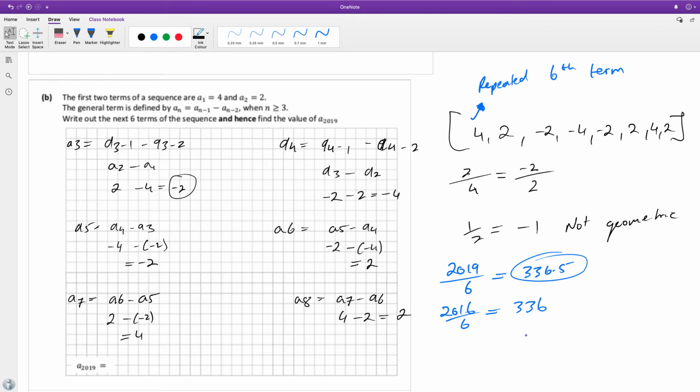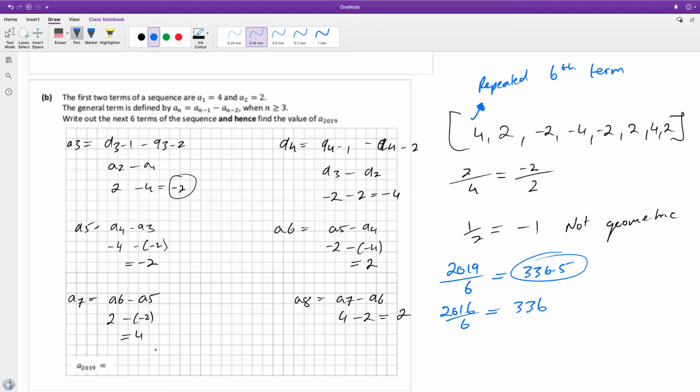So I know the 2016 one is 2, then 2017, 2018, 2019. If you forget about these last two, this is the 6th, it's 4, 2, and then the 2019 term is minus 2. Just a bit of logic.